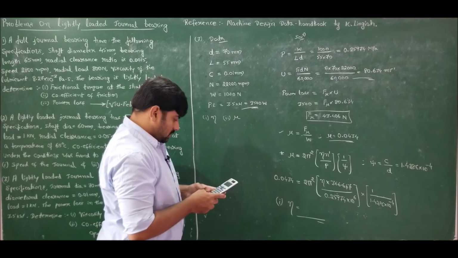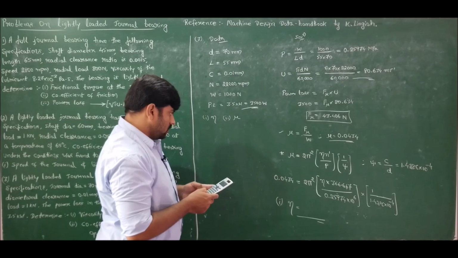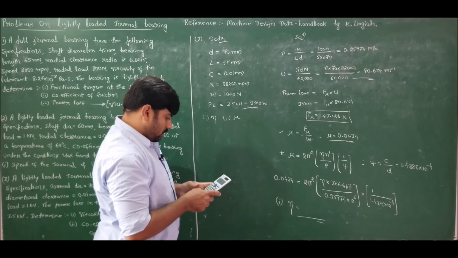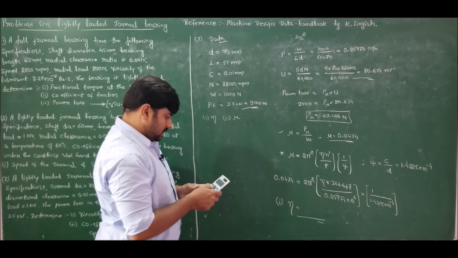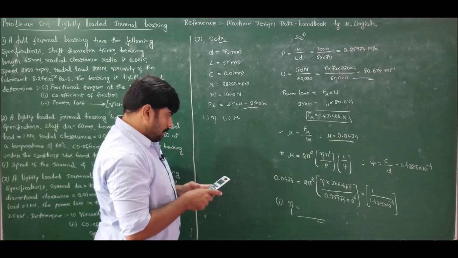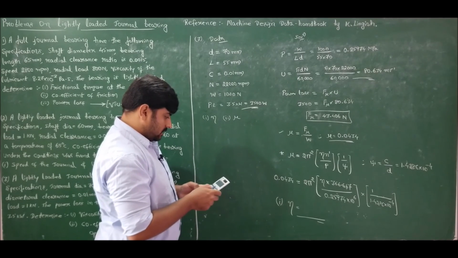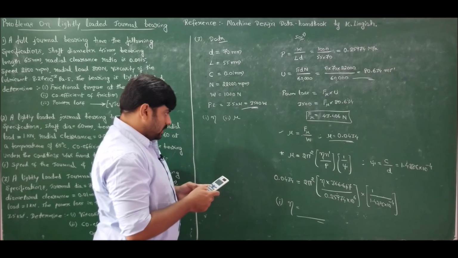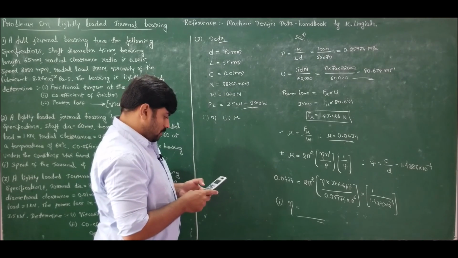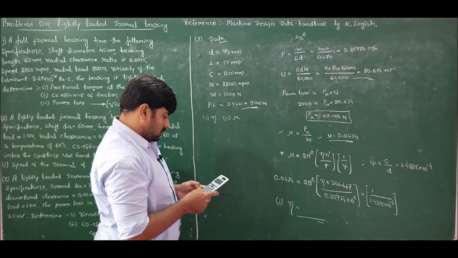That is 0.0434 into 0.25974 into 10 to the power of 6 into 1.4286 into 10 to the power of minus 4, whole divided by 2 pi square into 366.667.